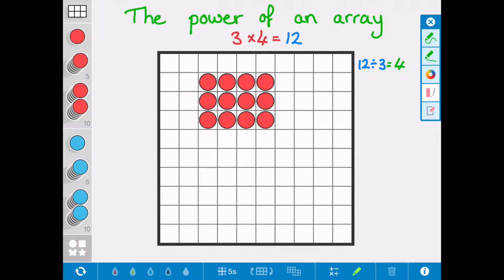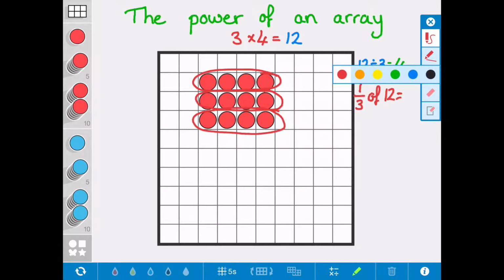Now if I just rub out this, I can also demonstrate that what it shows us is that if we wanted to work out 1/3 of 12, so that's 1, 2, 3 equal parts, so those are thirds, we can see that 1/3 of 12 equals 1, 2, 3, 4.